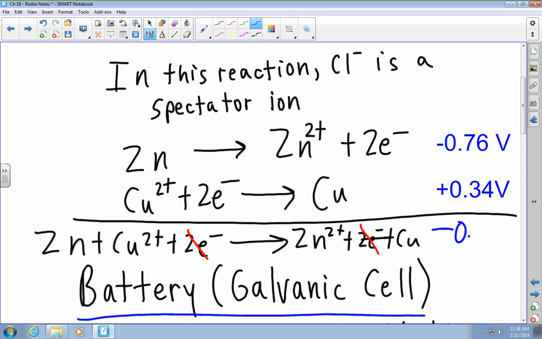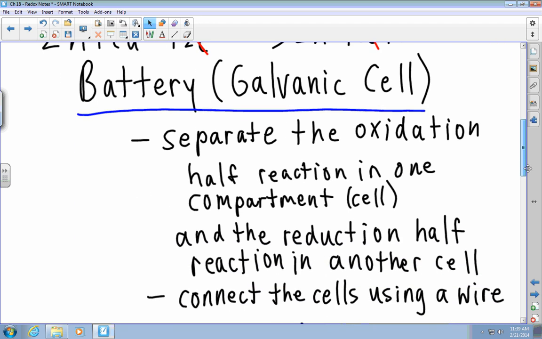Negative 0.42 volts. So would this be a spontaneous reaction? No, it wouldn't. So if we wanted to get this reaction to go, we'd have to apply electricity from an external source. So a battery, let's talk about a battery in a moment.